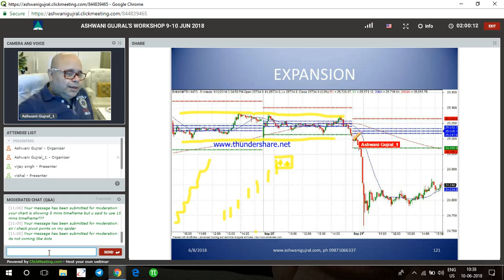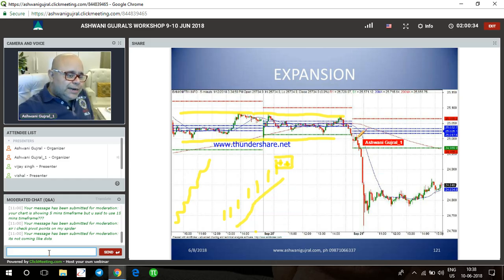So here we did not open below S1. We opened inside S1, went up, and I was waiting because I knew that if it fails the low of these 2 bars, you are going to have a major collapse because everybody is long from here.